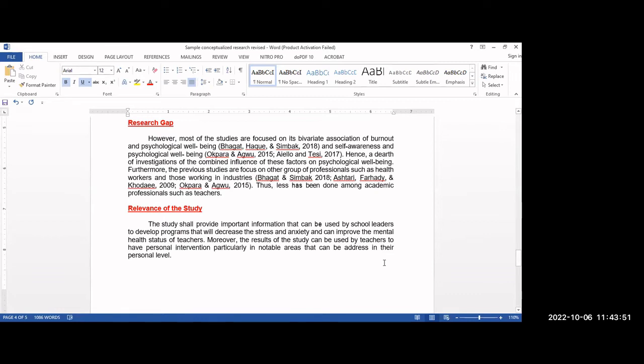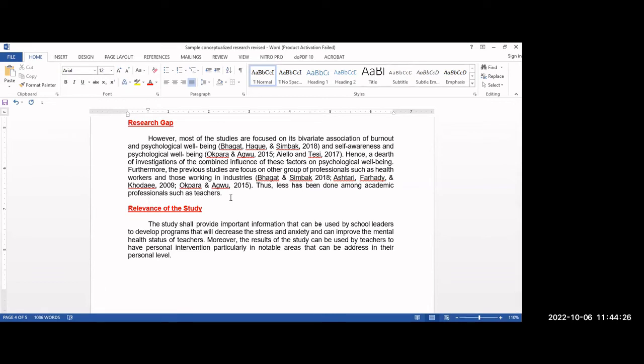And this will really help you a lot, especially that, as what I have mentioned, the introduction is the very important part of the paper because it can justify your study, and the direction of the study is actually being explained in your introduction. So after the research gap, you can place here the direction of your study, and you can actually write already the hypothesis.